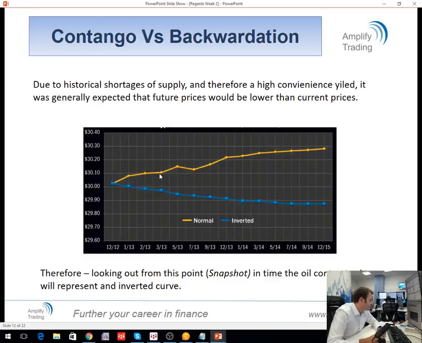It takes 2 months to process that oil into the refined products, by which time they can sell it in the current market for that higher price. By holding on to it and the process of refining, just time itself is adding value to their refinery process. So refineries definitely like it in a normal curve, certainly.